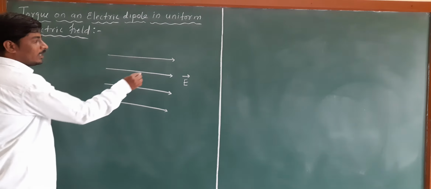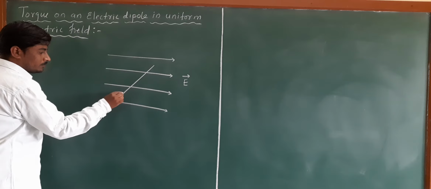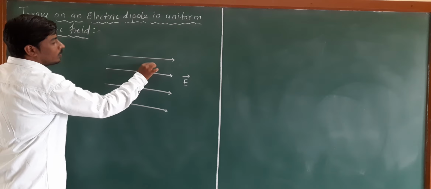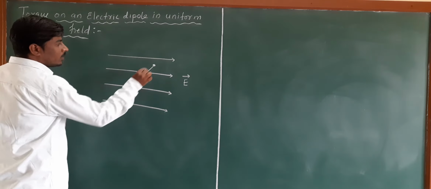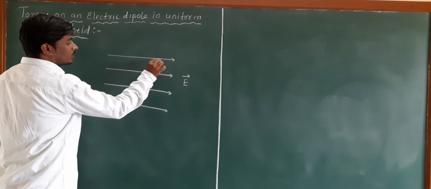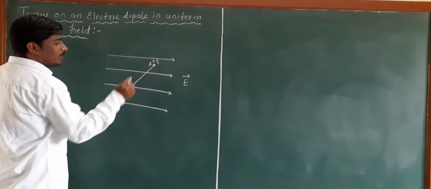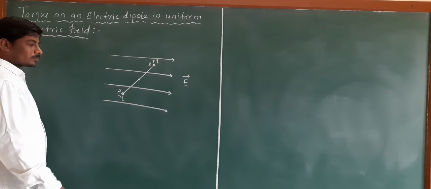Say that there is one electric dipole now. This is the dipole. We will call the charges minus Q and plus Q, and name them A and B. This is the center of the dipole.